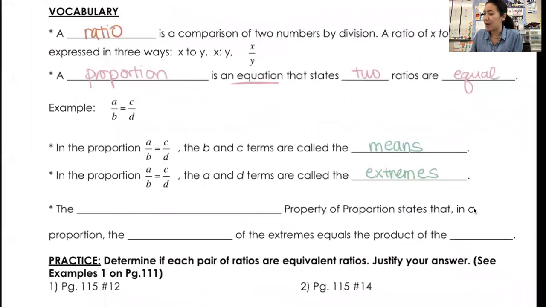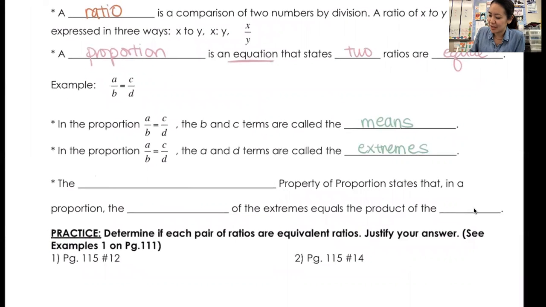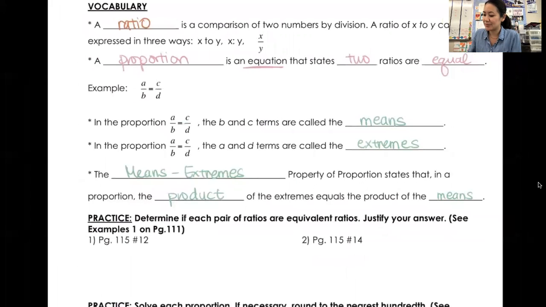All right, and now why that's important is because there is the means extremes property of proportion, which states that in a proportion, the product when you multiply the extremes is equal to the product of the means.